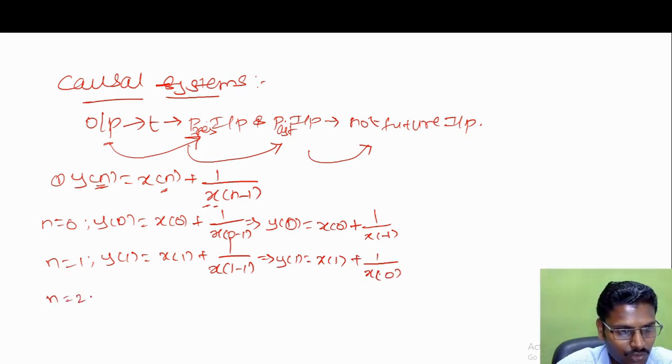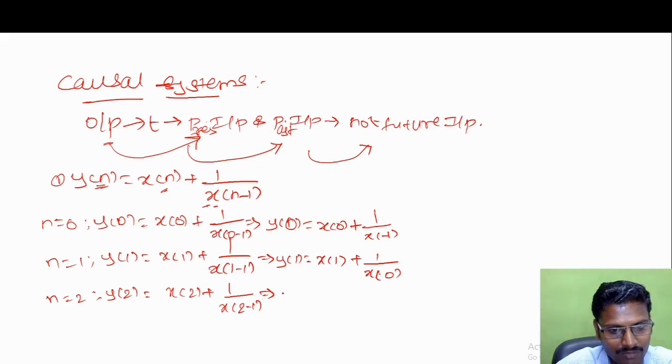When n is equal to 2, y of 2 is equal to x of 2 plus 1 divided by x of 2 minus 1, so the system will become y of 2 is equal to x of 2 plus 1 divided by x of 1.